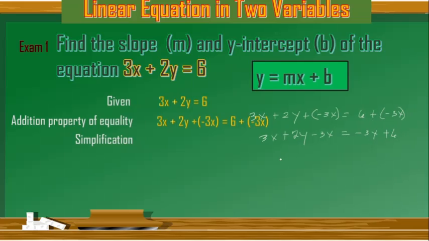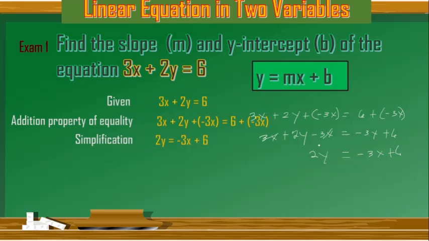After that, positive 3x and negative 3x cancel out because they have the same value but opposite signs. So what remains is only 2y equals negative 3x plus 6. Our simplification is just this part.